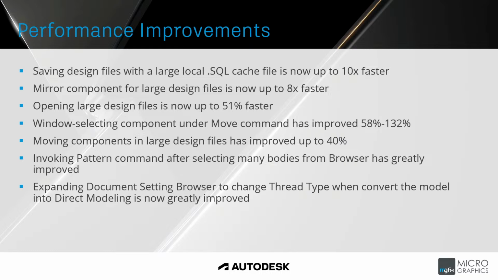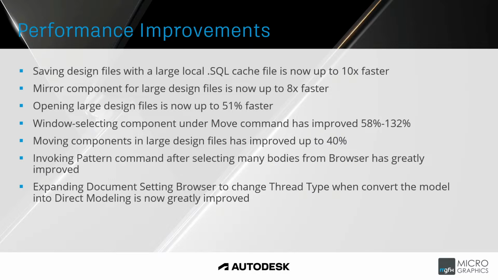You'll see mirror components also 8 times faster, opening with large designs up to almost 51% faster, so half the time taken. Window selecting improvements there. You'll see a wide range, 58 to 130% improvement. That's going to be dependent on geometry and the amount of components that are being window selected.